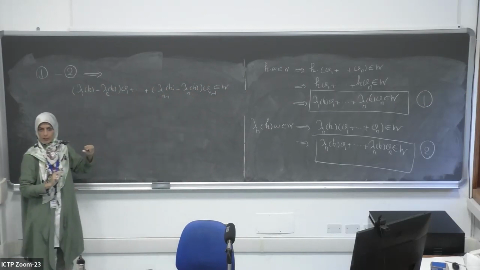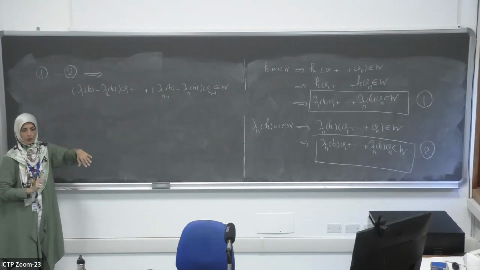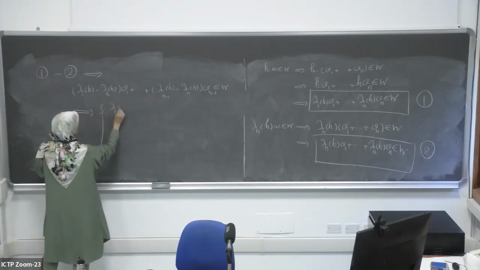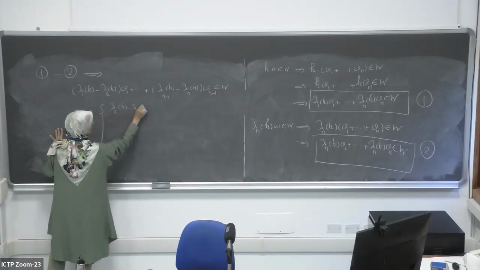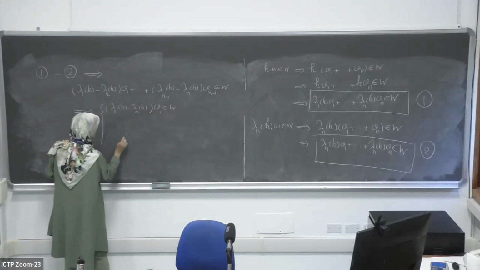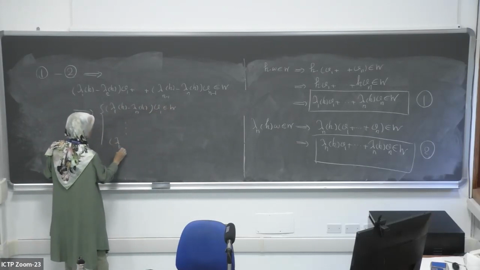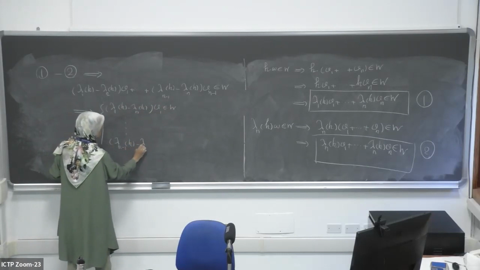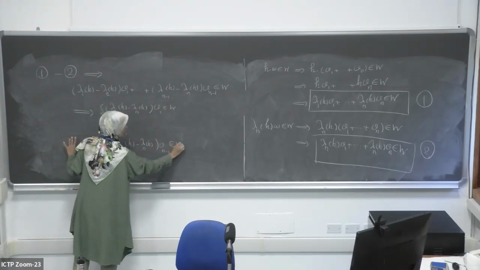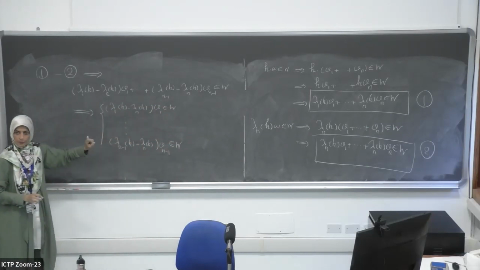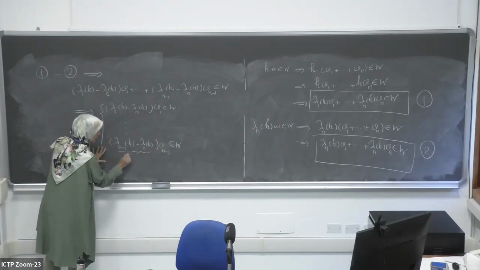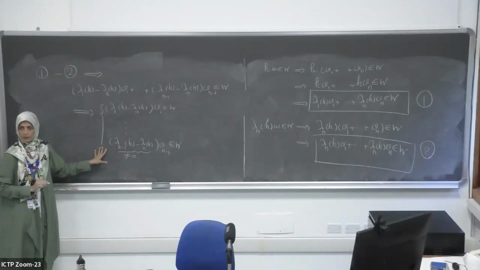And now, how many terms do we have? n minus 1. And using the induction hypothesis, we get that (lambda_1(h) minus lambda_n(h))v_1 is an element of W, up to (lambda_{n-1}(h) minus lambda_n(h))v_{n-1} is an element of W. But you remember, we chose h in the way that this is non-zero, right?